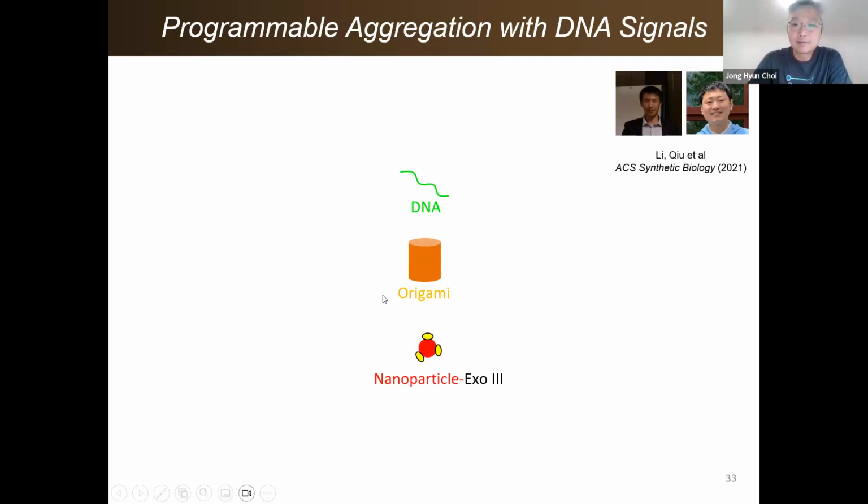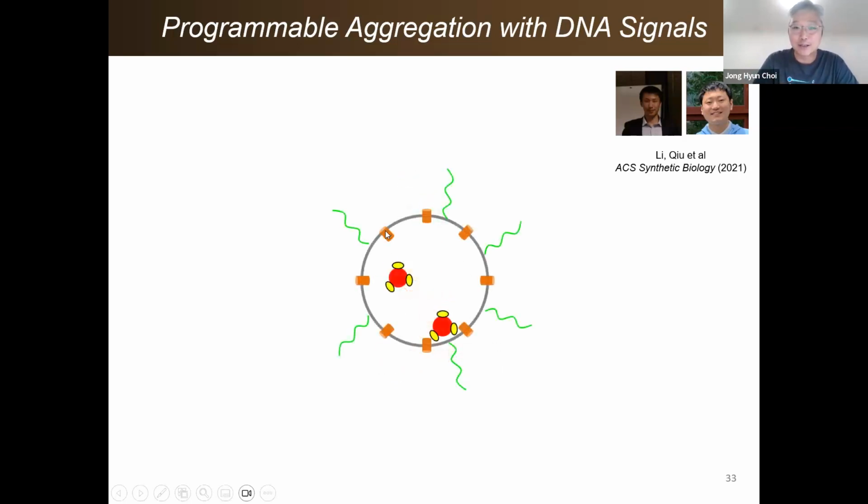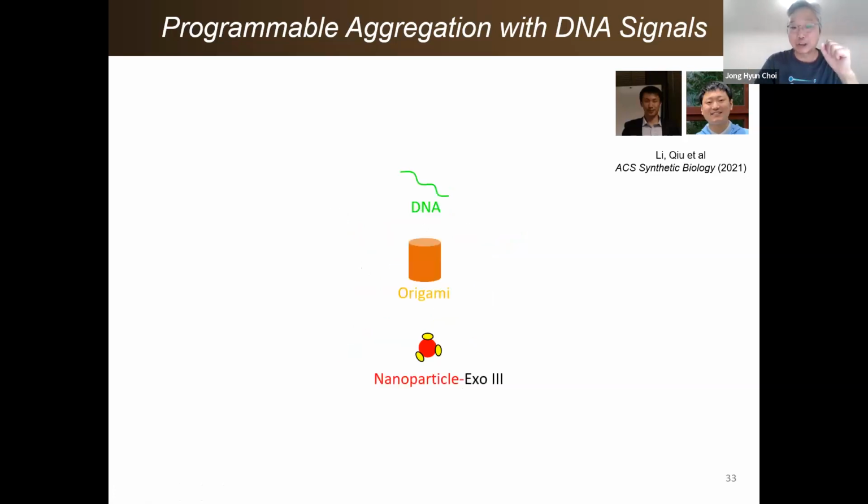We also wanted to use the DNA origami as a membrane pore so that we know how to control the in and out, what can enter and what not, into giant vesicles, giant unilamellar vesicles. And then inside, we also wanted the ability to transduce a signal, a DNA signal, so we embedded XO3.